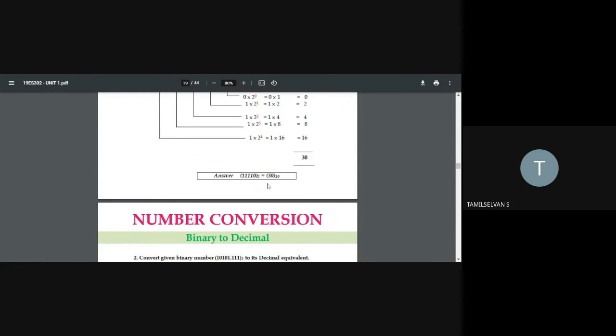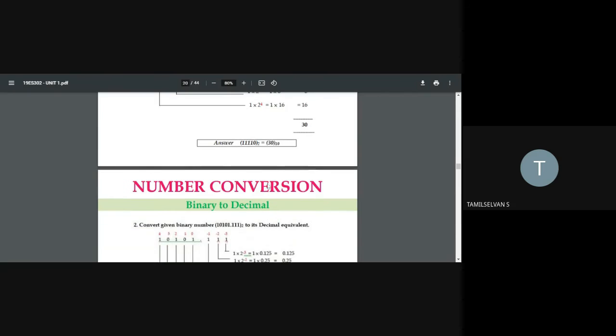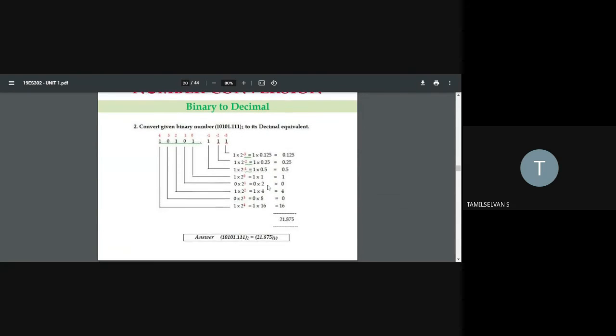Next I move to the same conversion with floating point numbers, that is 10101.111. We can separate this floating point number into its whole and fractional parts.